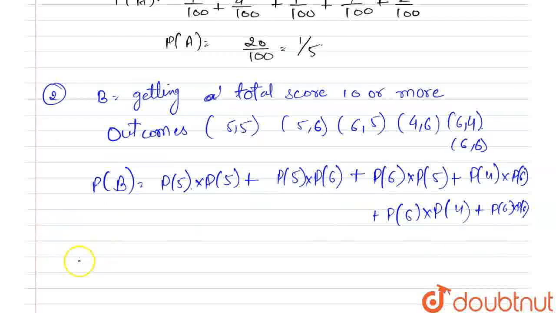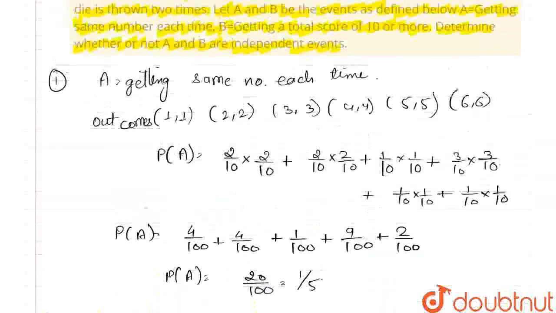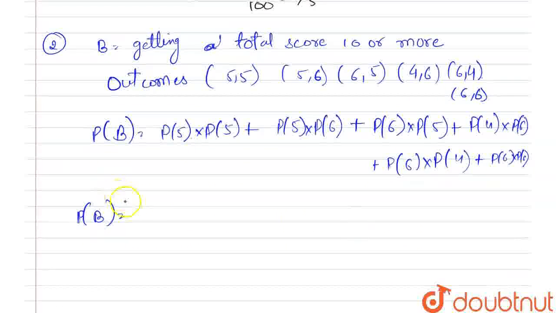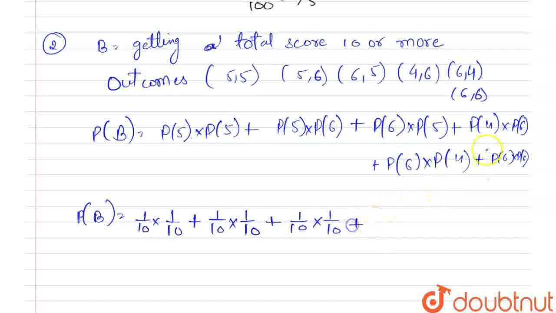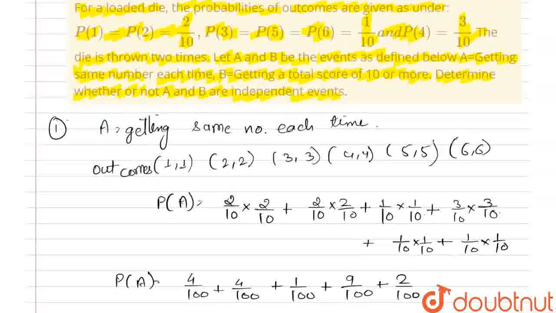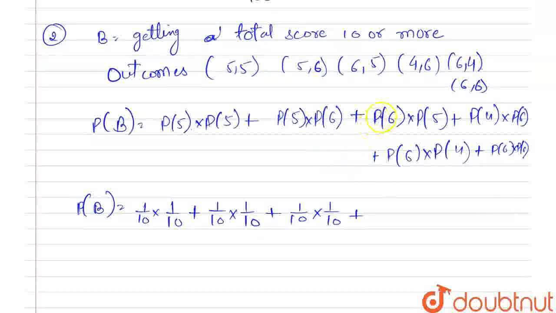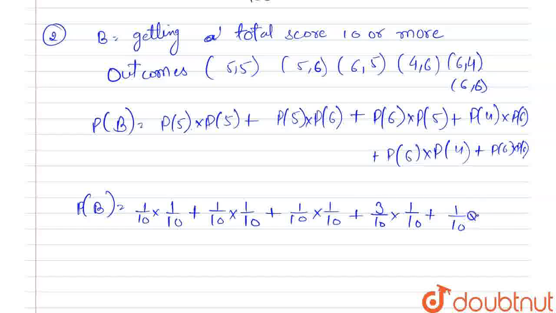Probability of 5 is 1 by 10, so 1 by 10 into 1 by 10, plus 1 by 10 into 1 by 10, plus 1 by 10 into 1 by 10, plus 3 by 10 into 1 by 10, plus 1 by 10 into 3 by 10, plus 1 by 10 into 1 by 10.